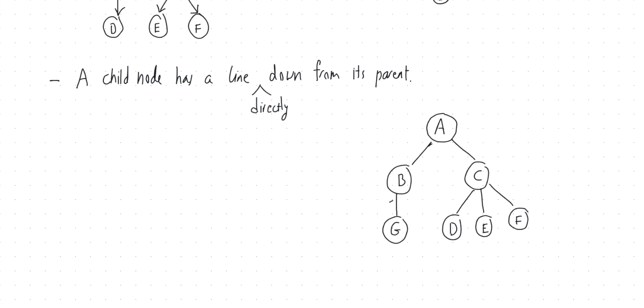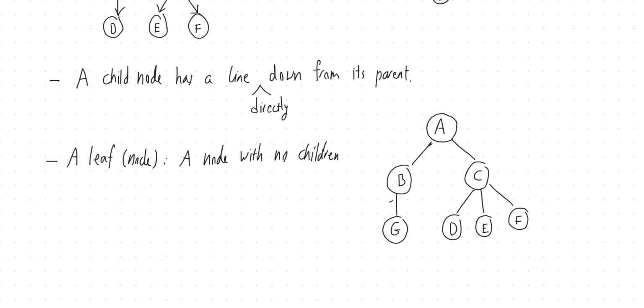Another definition is the definition of a leaf node or a leaf. And the definition says a node is called a leaf if it doesn't have any children. So a node with no children. Okay.